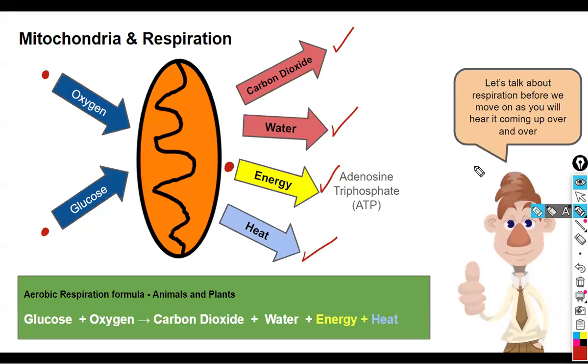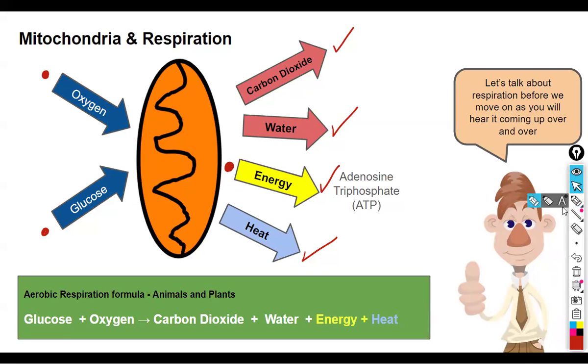The mitochondria performs the process of respiration and it creates four things. Are all four things good, or are some of it bad, and some of it good? Some are bad and some are good. Believe it or not.